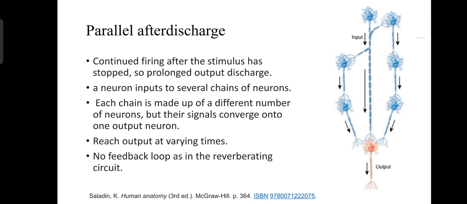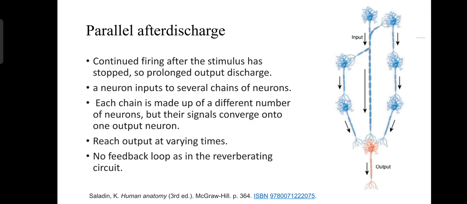Then with this pathway, there are two other neurons, and that will take longer because of the delay of the synaptic transmission, right? Here is another branch with three neurons. So again, more delay of the same signal, without amplification, without divergence, nothing. We call it parallel after-discharge.